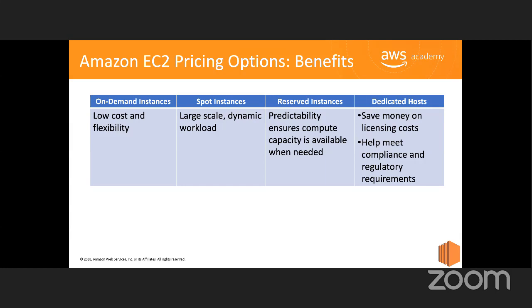Very important that you know the use cases of each type of EC2 instance. Reserved instances, predictability ensures compute capacity is available when needed. If you know that your company has a predictable pattern throughout the year, you can reserve the instance for 1 year and save a lot of money, up to 75%.